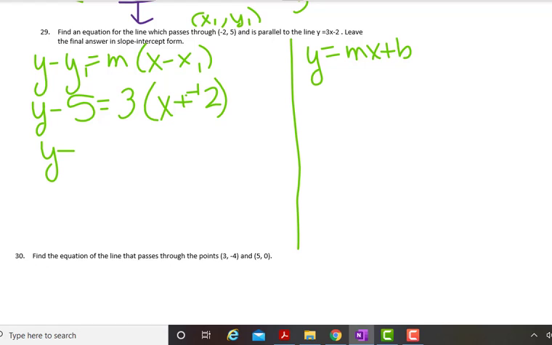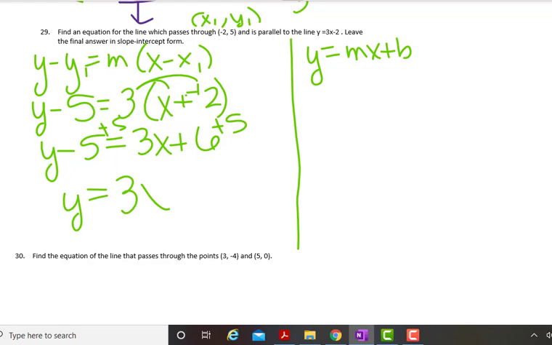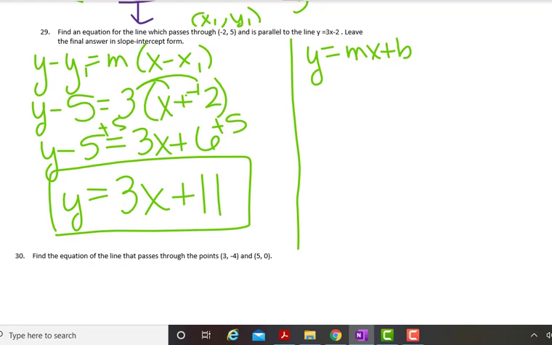Let's first distribute the 3 to clear parentheses. So we have 3x plus 6. And then we will add 5 to get y alone. So y is equal to 3x plus 11. That is the answer using point slope form.